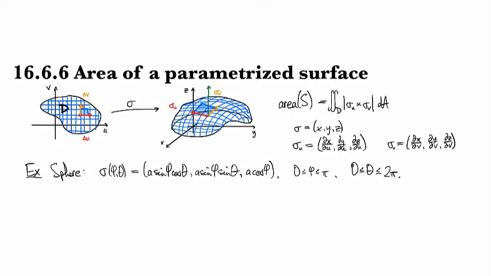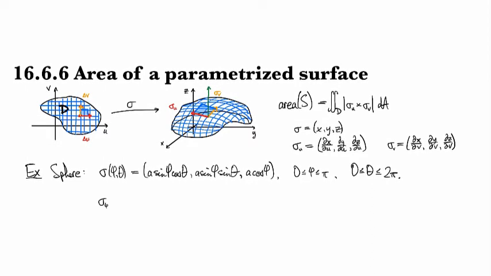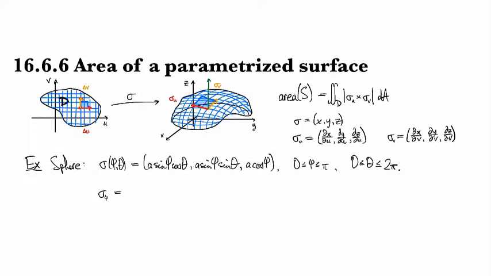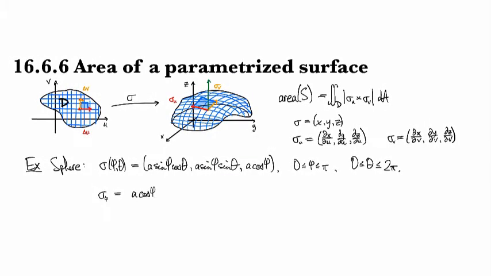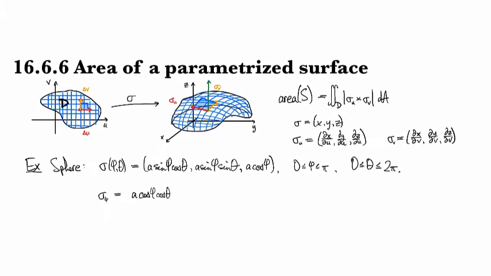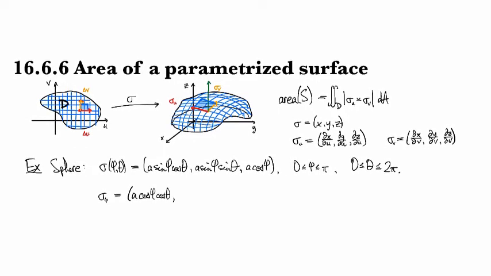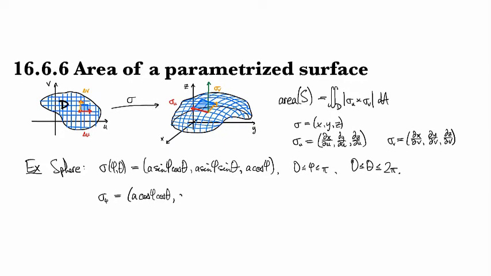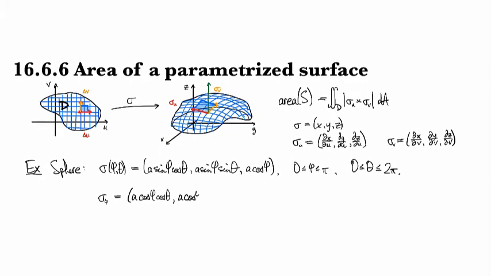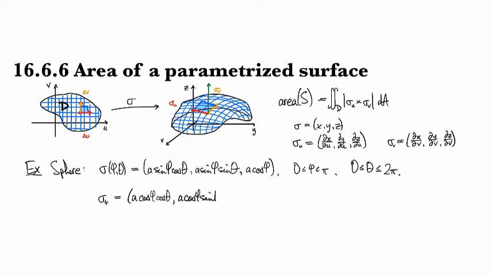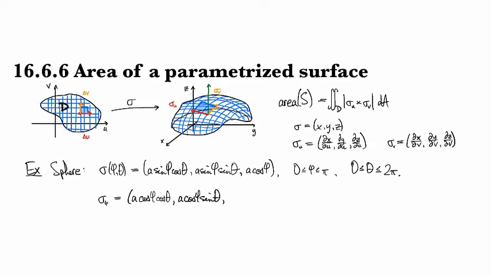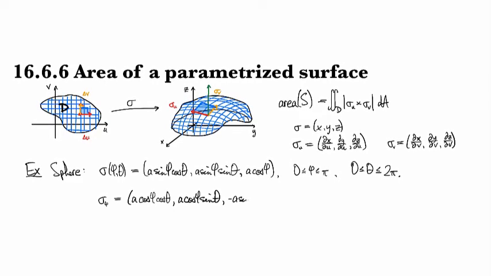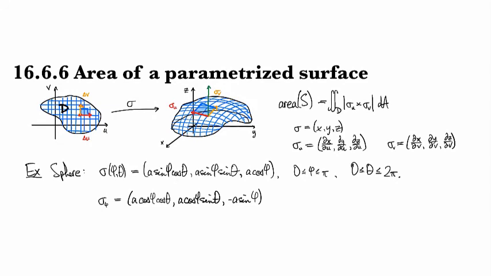So when I do the partials here, sigma phi is going to be A cosine phi cosine theta, and then A cosine phi sine theta, and then minus A sine phi.